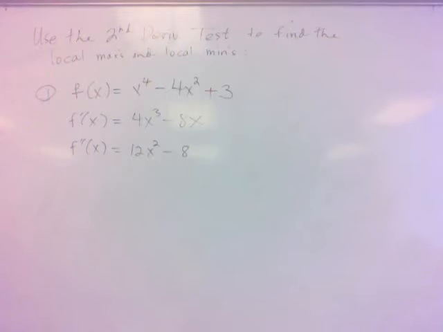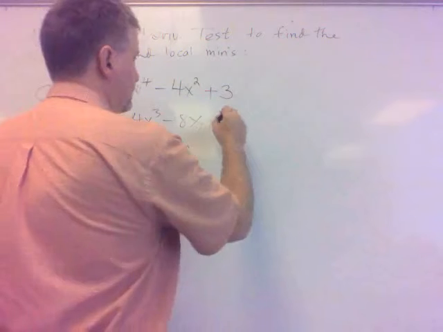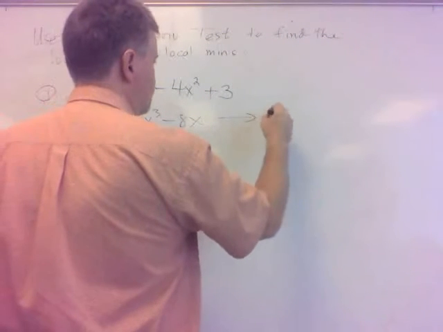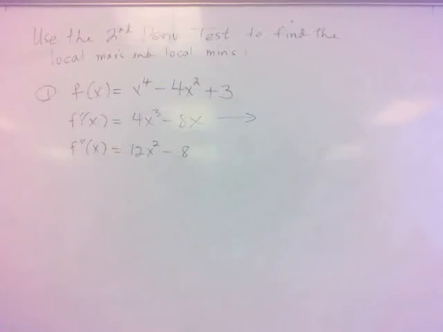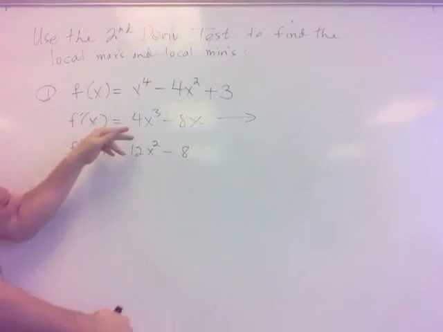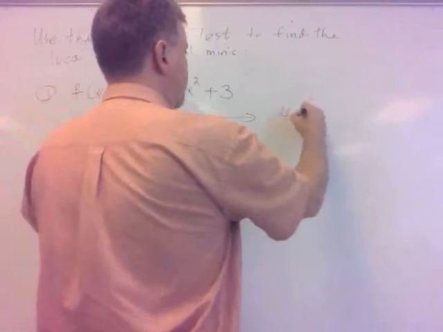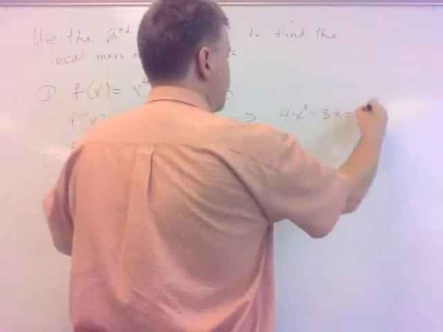But locating which values possibly have local mins and maxes is still the same thing. We're looking for the critical numbers, right? And on the second derivative test, we're looking for the critical numbers where the derivative equals 0. So I'm going to start the same way, set the derivative equal to 0, and find my critical numbers.